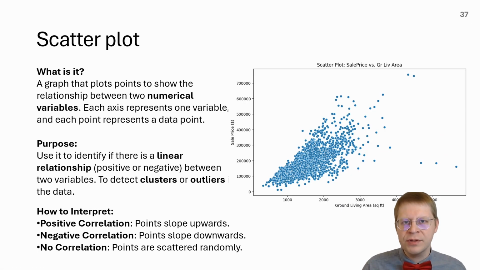A scatter plot is a simple yet powerful visualization that displays the relationship between two numerical variables.